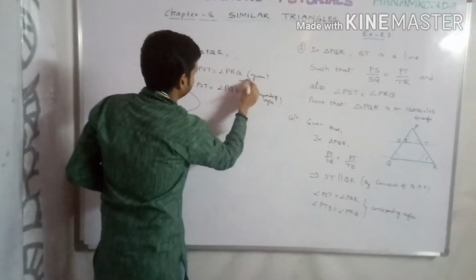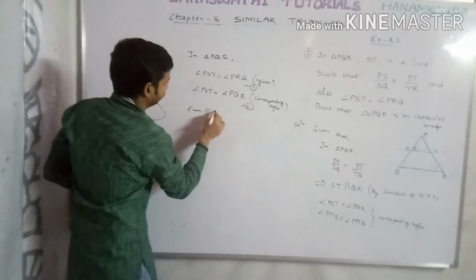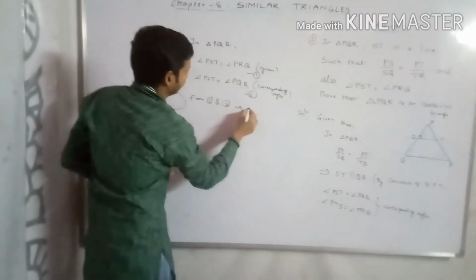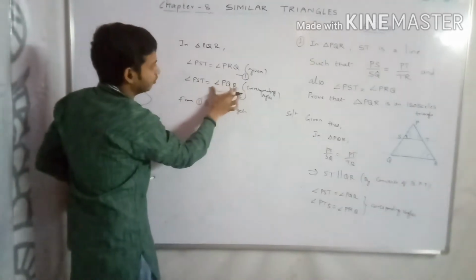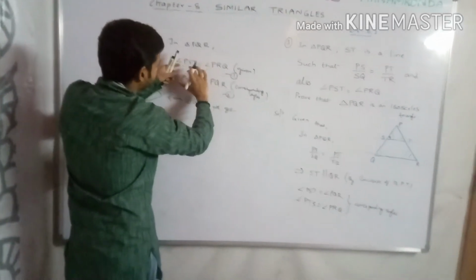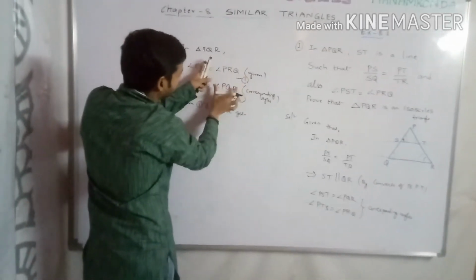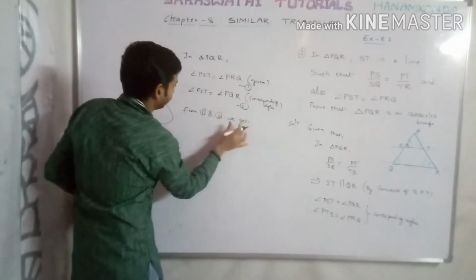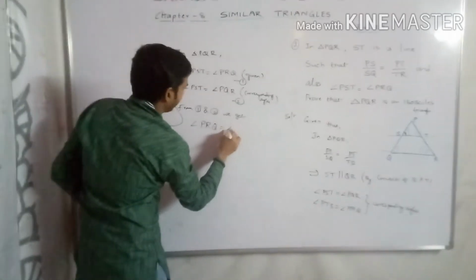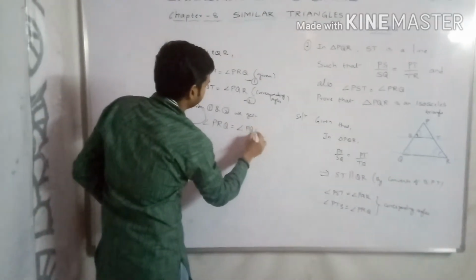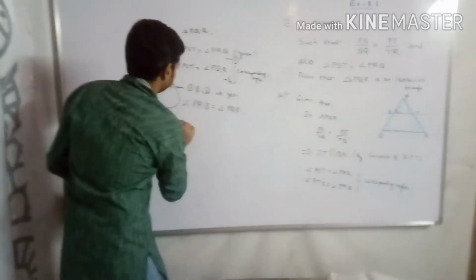So this is the first equation and this is the second equation. From 1 and 2 we get angle PST equals angle PRQ and angle PST equals angle PQR. That means PRQ equals PQR.